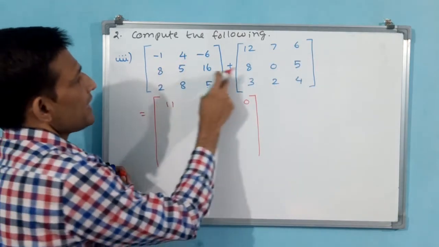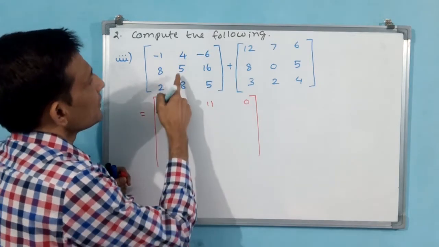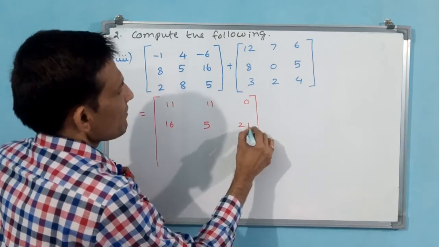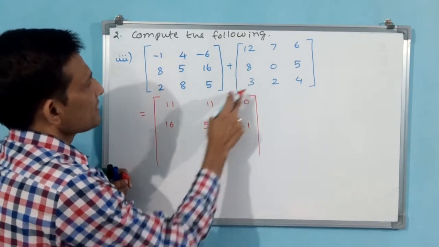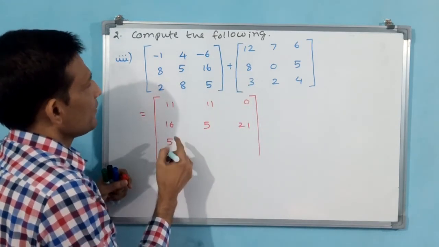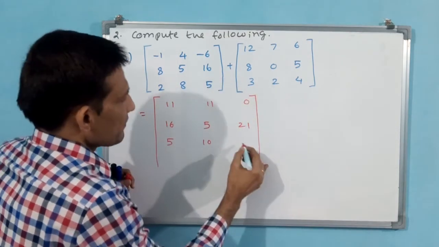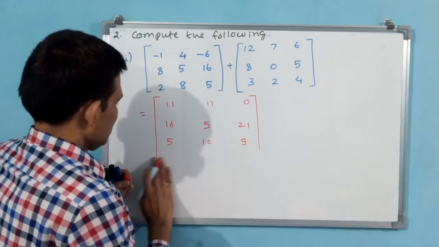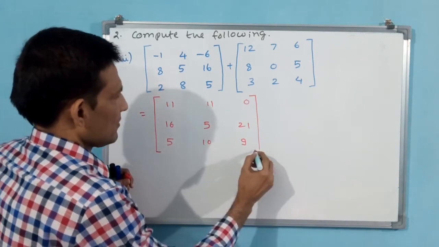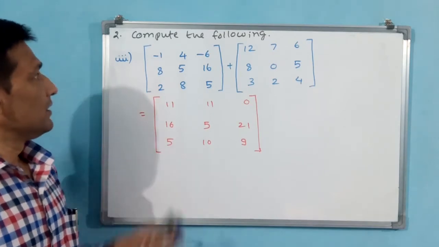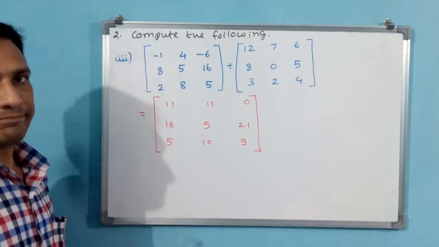Okay, now 8 plus 8, 16. 5 plus 0, 5. 16 plus 5, 21. 2 plus 3, 5. 8 plus 2, 10. 5 plus 4, 9. Okay? This is answer for your third part.